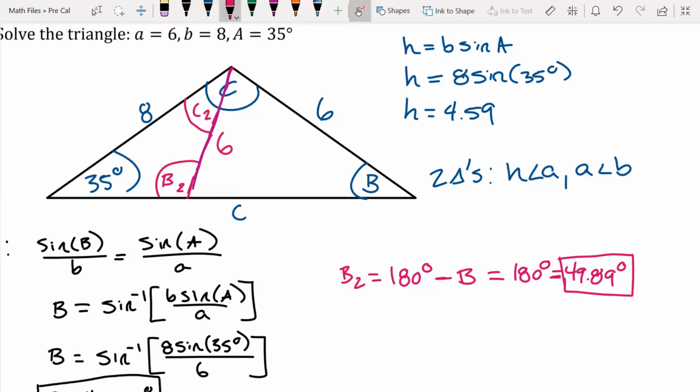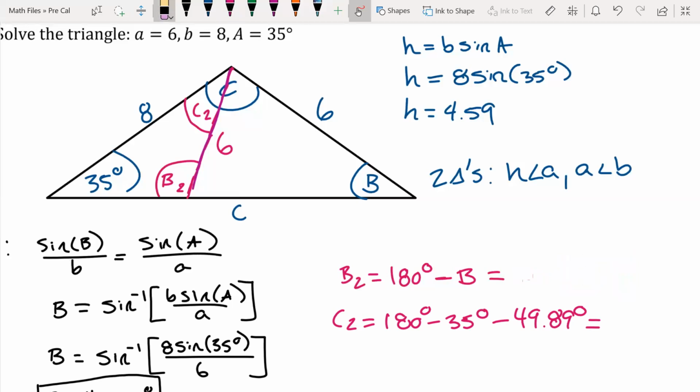All right, so we have B2, which means we can now find angle C2 by taking 180 and subtracting angle A, 35 degrees, and subtracting angle B2. Oh, sorry, I put the wrong one in there.